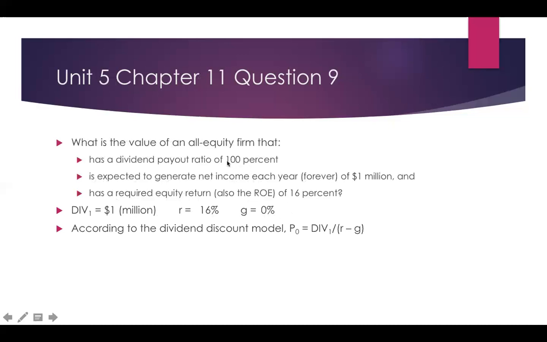Anything under 100% would cause this G number to increase. And we'll see that in a later problem. So once we plug those numbers in there, we'll see that the value of an all-equity firm is $6.25.